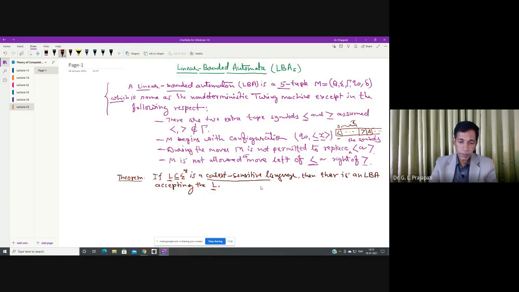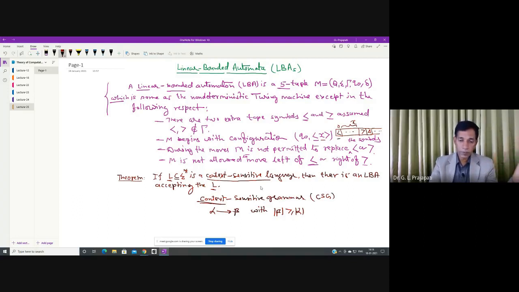Once we say CSG, which is the context sensitive grammar, we know that we have the production rules of the form alpha derives beta, with the condition that length of beta is more than or equal to length of alpha.